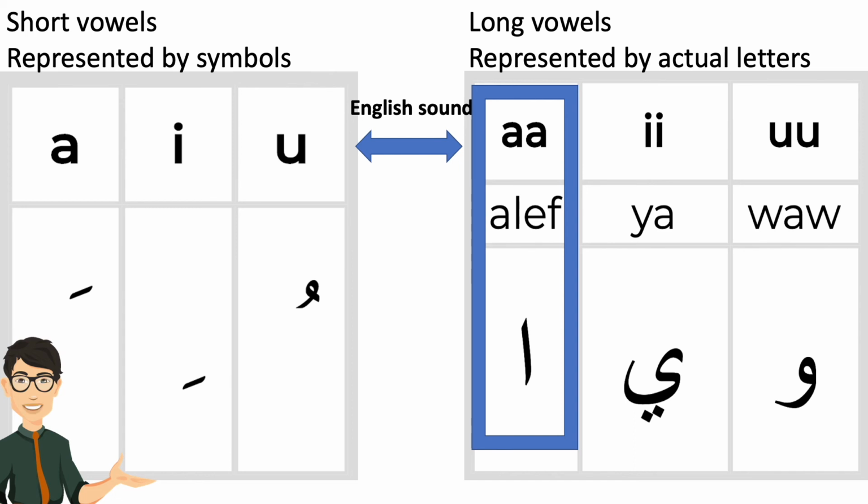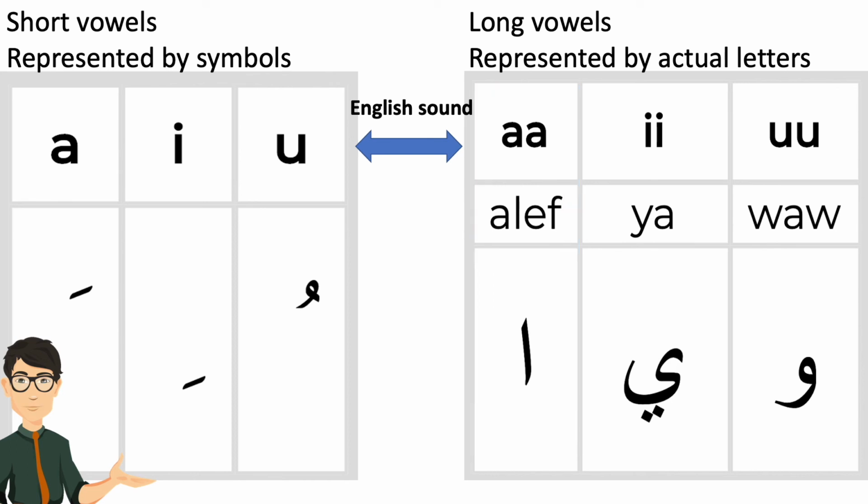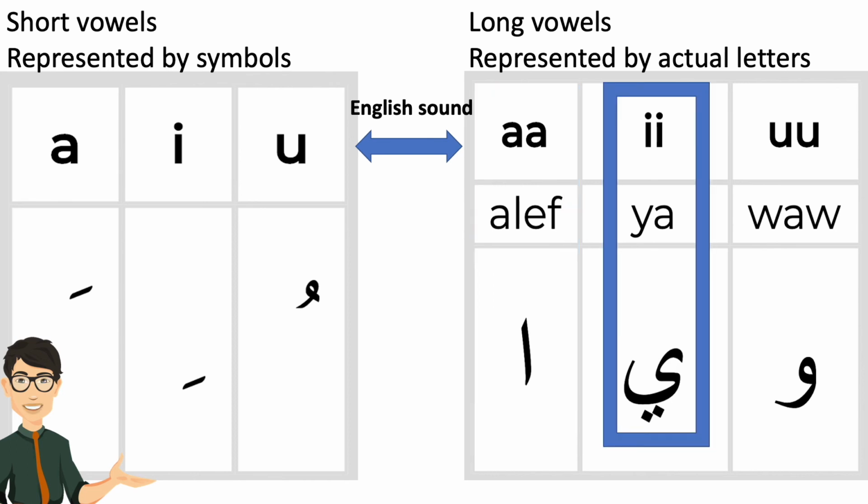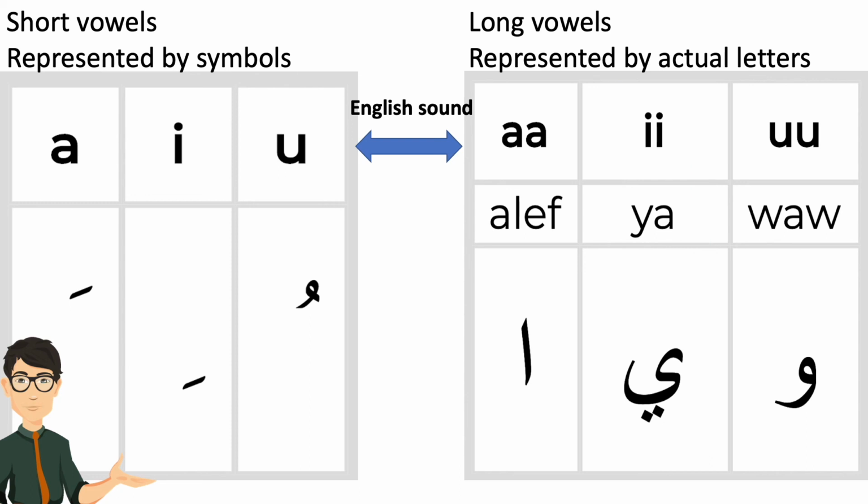Now, the second long vowel, which is represented in English by the double I letters, and this stands for the sound E. In Arabic, this long vowel is represented by the letter Ya, which is the last letter in the Arabic alphabet.